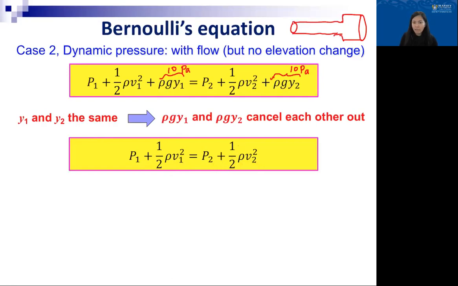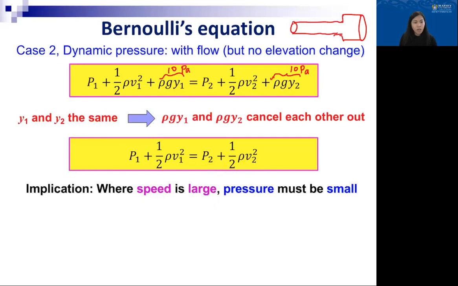So again, you have these two terms that are being added. You have, for example, P2 plus 1/2 rho V2 squared, and you have this equal sign. Same principle as before. If one value increases, the other value should decrease in order to keep a constant number. So the implication is that if the speed is large, the pressure must be small. This is the same concept as before, except that before, the elevation was the one that changed.